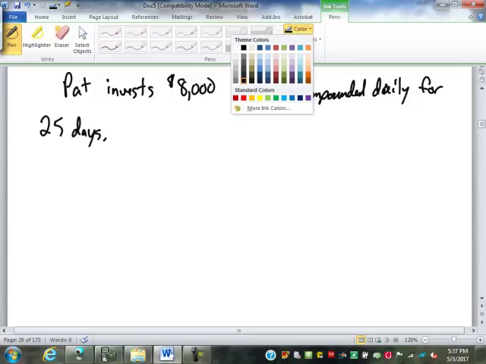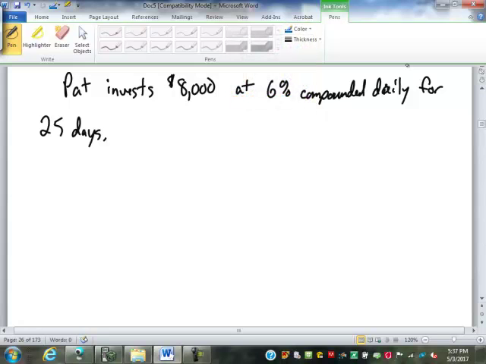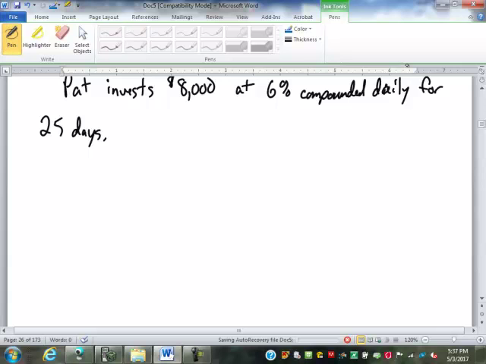So find the future amount and the compound interest. Well, the tricky part with these is figuring out 365 or 360.